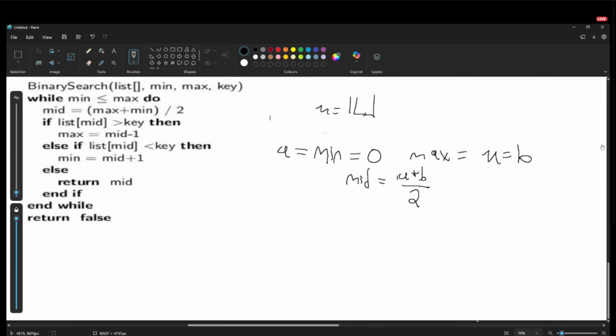You have to imagine the maximum number of times that (A plus B) over 2 is less than or equal to B, and you also need this to still hold, otherwise it will not hold.